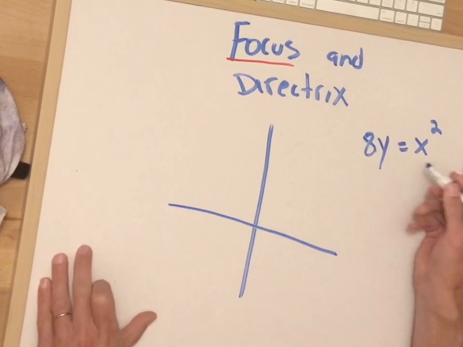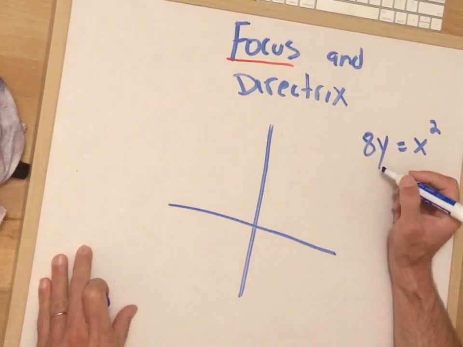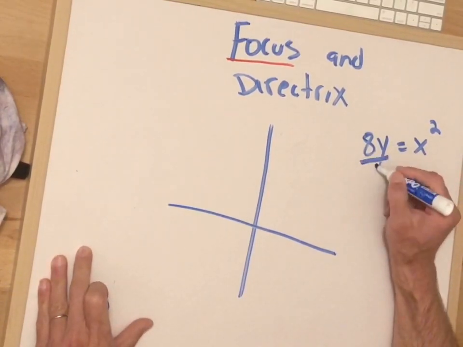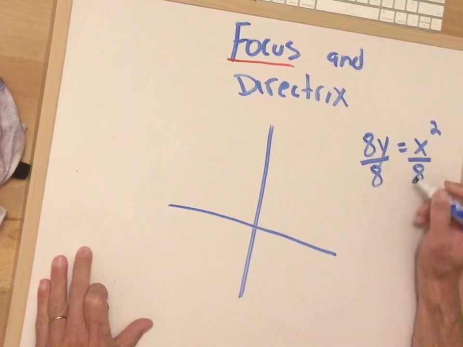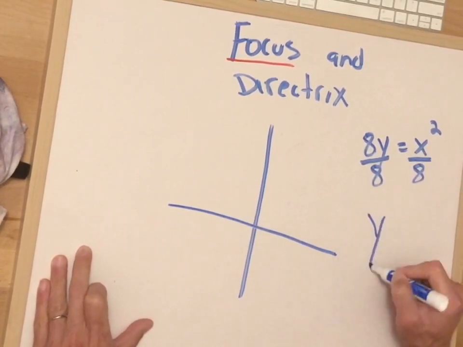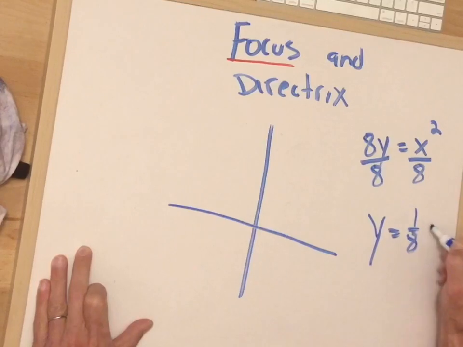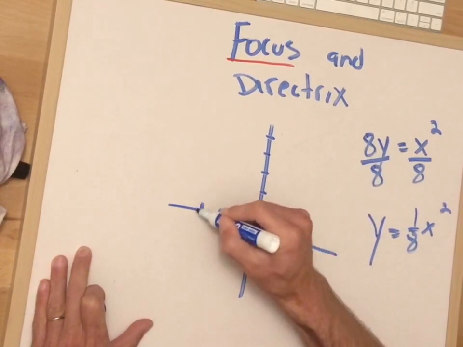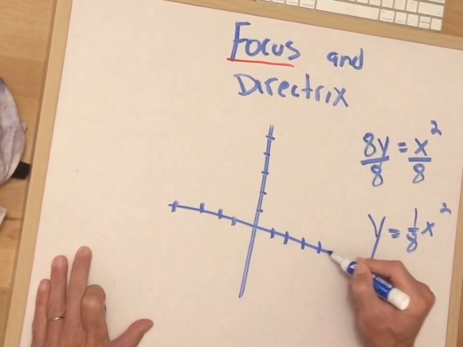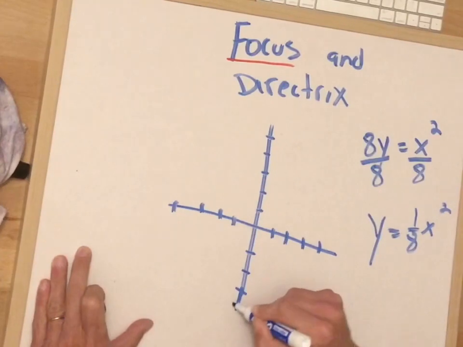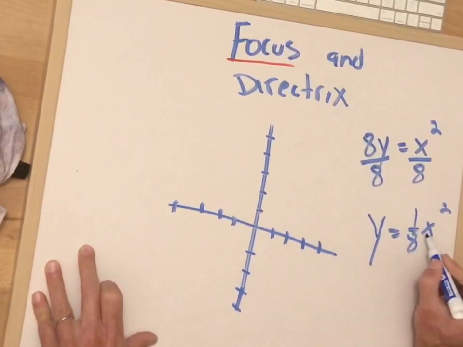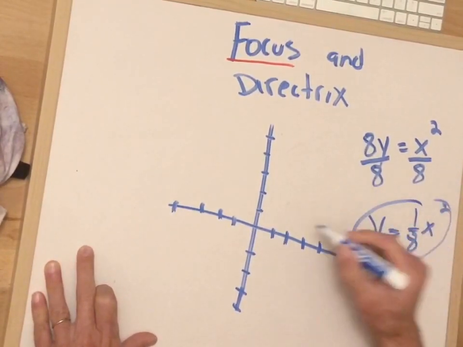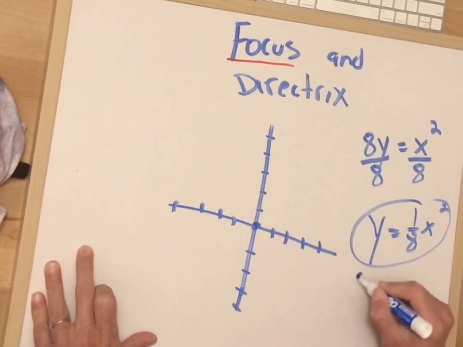Okay, get it to be in kind of vertex form first, so you can figure out what the vertex is. So if I divide both sides by 8, I'm going to have a quadratic y equals 1/8 x squared. All right, so if I were to graph this, right here, my vertex is (0, 0).